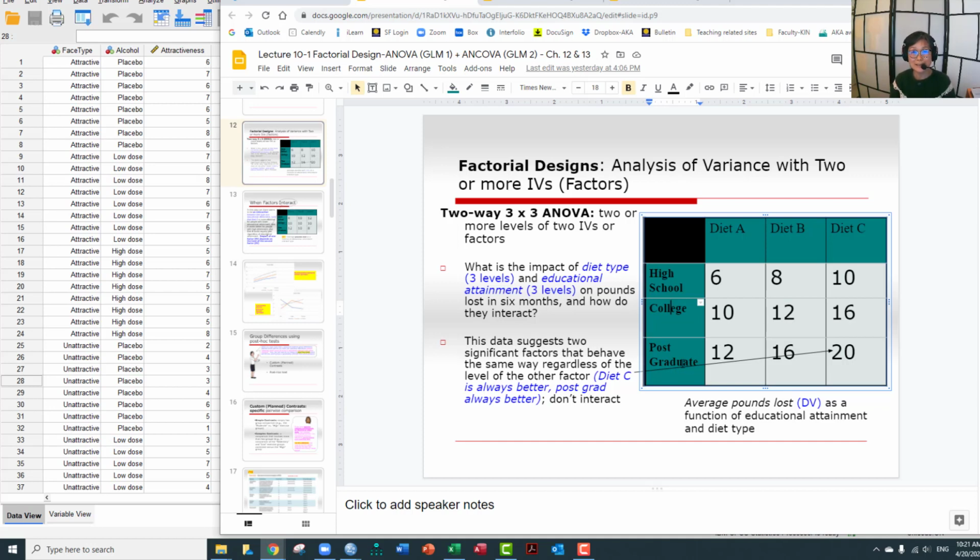If we want to look at interaction effect differences, which means whether the high school diet A group is different in terms of weight loss compared to high school diet C, or high school diet B to postgraduate diet B, post hoc does not produce that output.